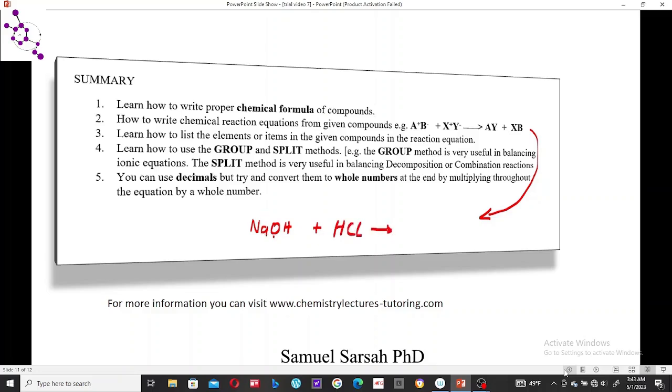So you have to know that sodium is a metal, it usually has a positive charge, and then the OH has a negative charge. Hydrogen usually has a positive charge. Chloride usually has a negative charge. If you know this, you can easily write the product. That is NaCl plus HOH.